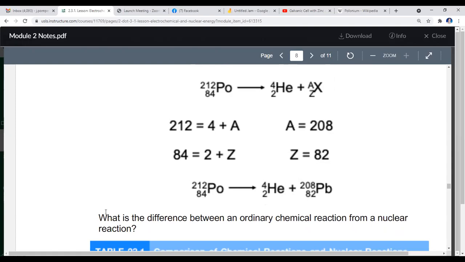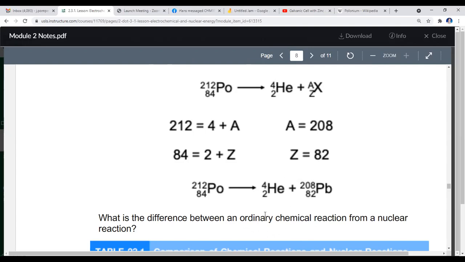Okay. So if you would be asked what is the difference between an ordinary chemical reaction and a nuclear reaction, what should your answer be? So this is a nuclear reaction depicting the atomic decay, or the nuclear decay, of polonium, emitting an alpha particle and the lead atom.